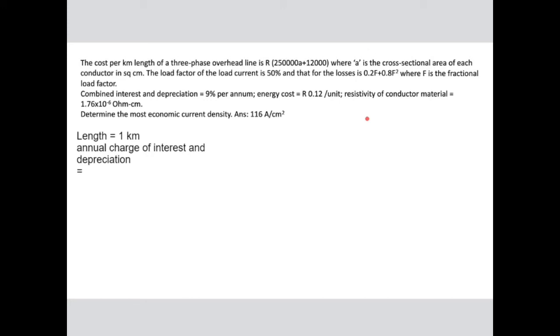It will be rand 250,000 A times 9% interest rate, so it's 9 by 100, and it's for 1 kilometer, so that one is going to be there all the time, so that we don't forget that there is that length involved in that calculation.